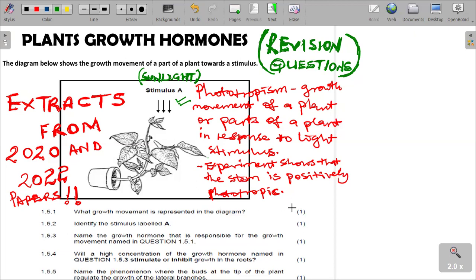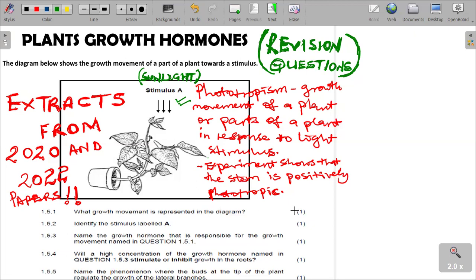Since we are given the stem responding to a stimulus coming from above it, there is no other stimulus we can think about besides light. So we call that phototropism, which is a growth movement of a plant or parts of a plant in response to a light stimulus.